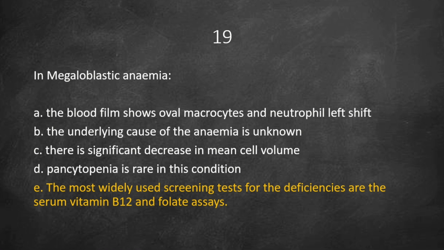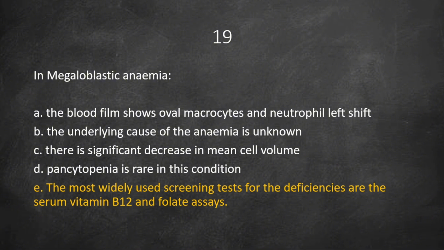Of course, the blood film in megaloblastic anemia typically shows oval macrocytes, that's enlarged RBCs, and you would also see hypersegmented neutrophils, but not a left shift. A left shift refers to an increase in immature neutrophils, which is common in other types of anemia or infection. But in megaloblastic anemia, we don't see that. We rather see hypersegmented neutrophils.